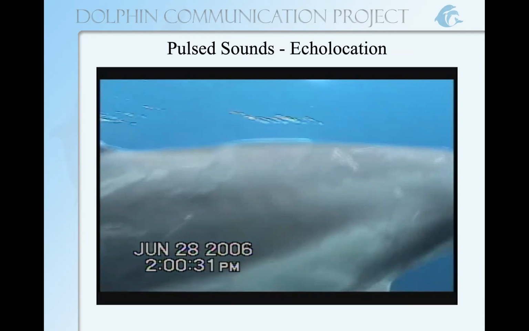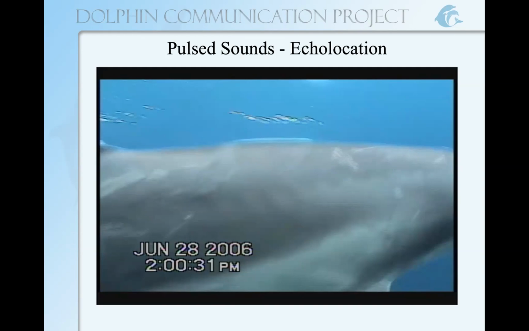Echolocation clicks are used for sonar. It's generally when a dolphin will make a click and then wait for an echo before it produces the next click. Echolocation, we don't think is necessarily a main form of communication between dolphins, but it is a method for dolphins to investigate the world through sound.